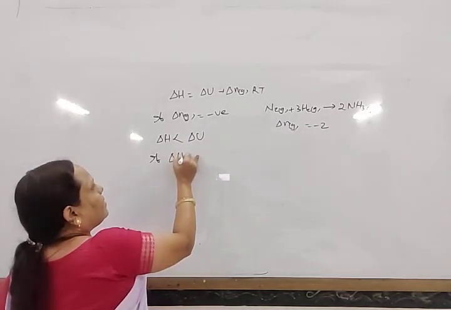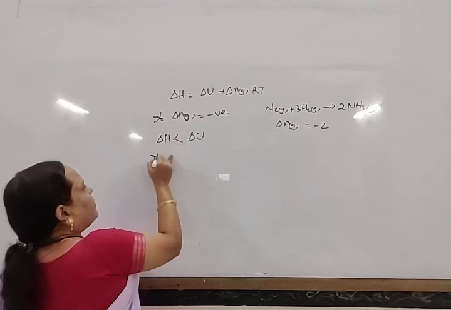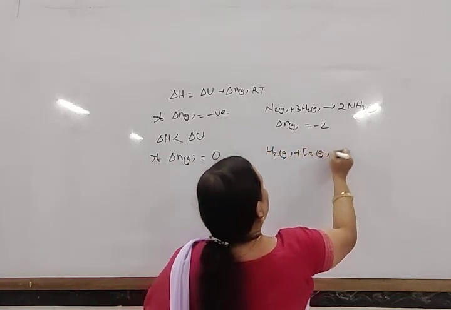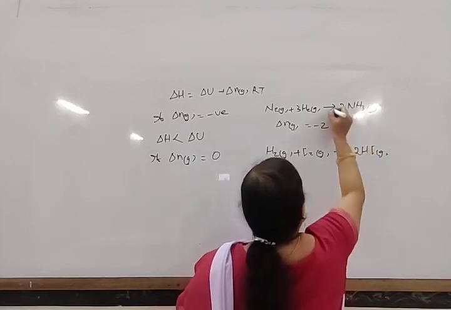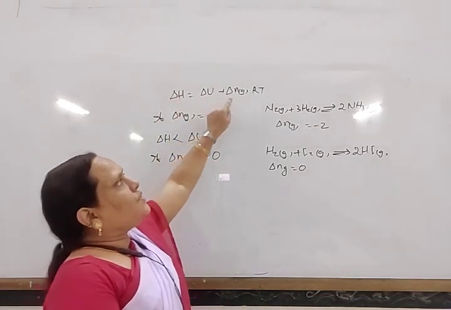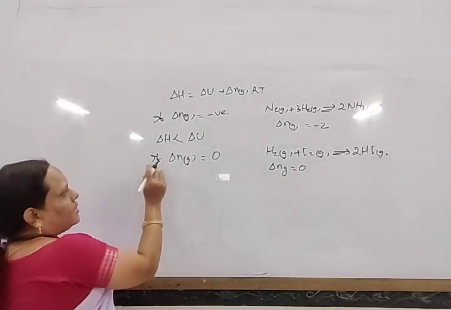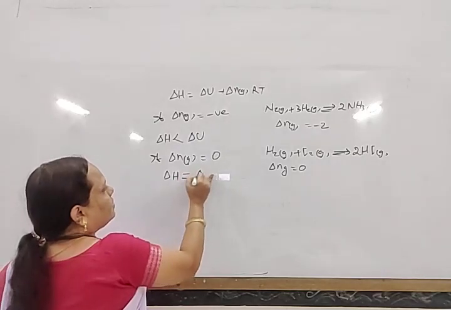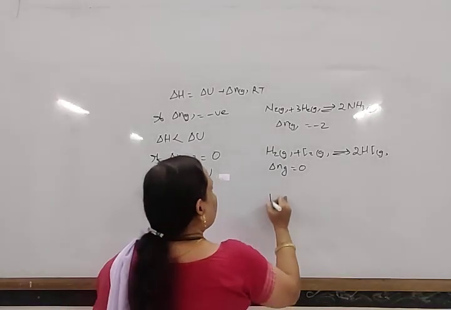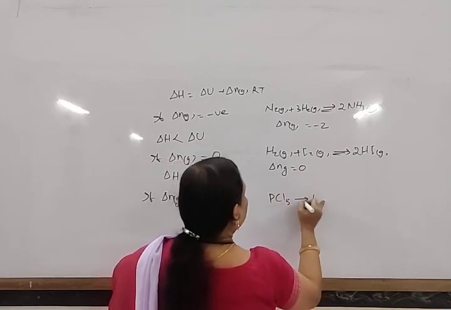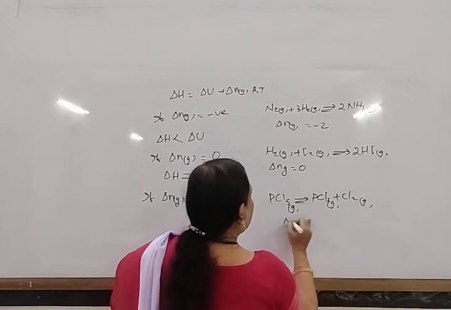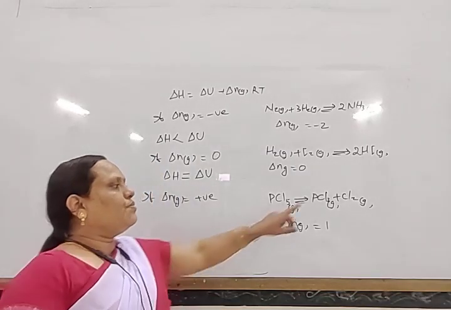Similarly, if del Ng is equal to 0, for example H2 gas plus I2 gas gives 2HI gas, then del U plus 0 into RT, so del H is equal to del U. If del Ng is positive, for example PCl5 gives PCl3 plus Cl2, all gaseous, then del Ng is 2 minus 1, equal to 1.